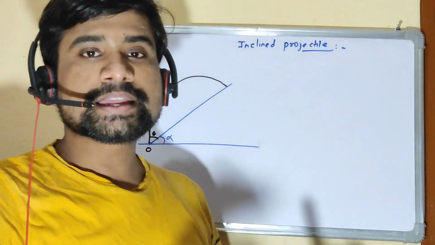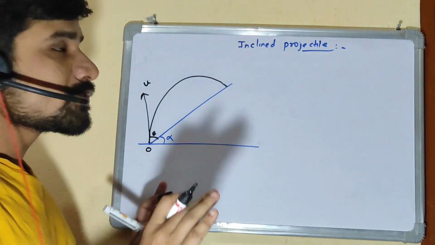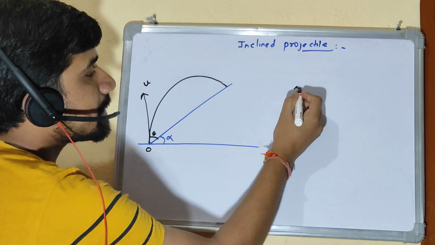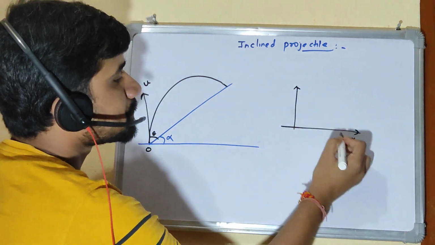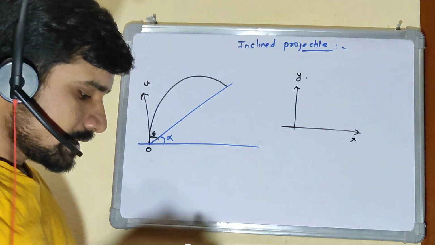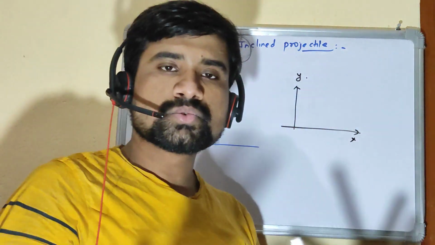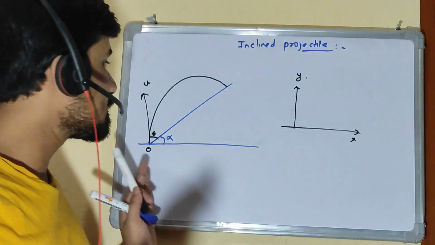Now in this particular case, a lot of things will change, right? If I take these as x and y axes, we can still say that in the x direction there is no acceleration, because there is no force.